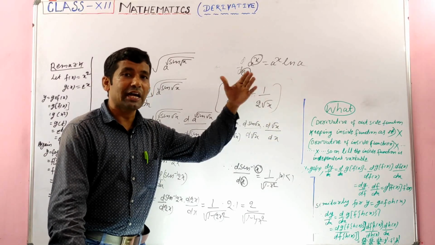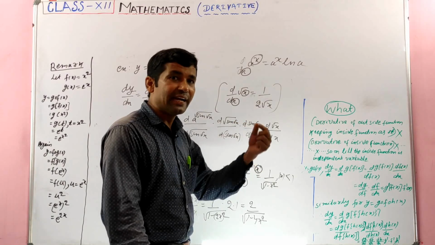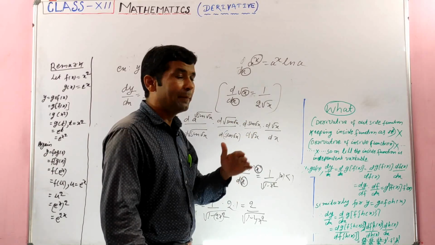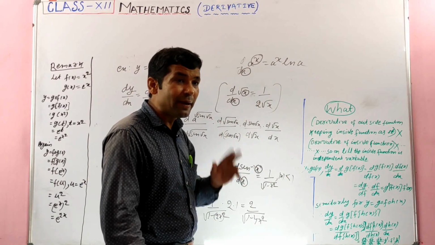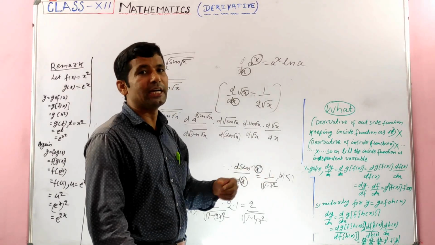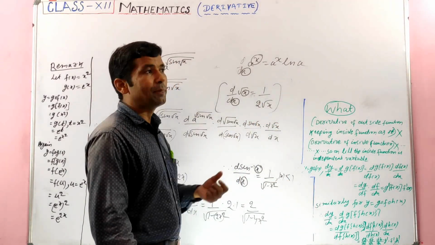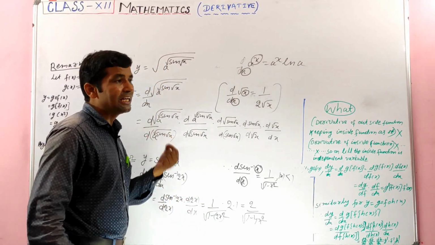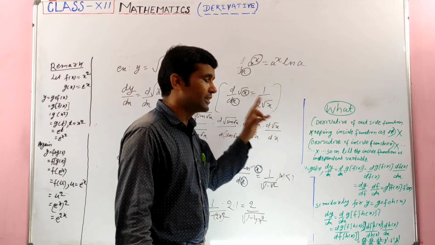Till our last inside function is exactly the independent variable x. If it is asked for d by dx, if it is asked for d by dt, the last must be t. If it is asked for d by du, the last inside function must be exactly the independent variable u. So here the process terminates.